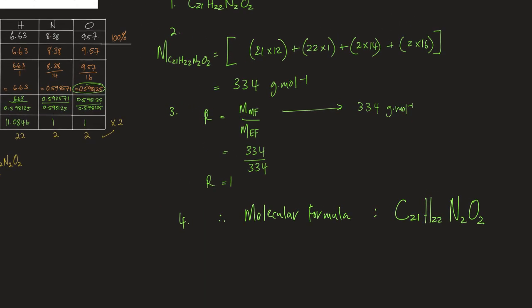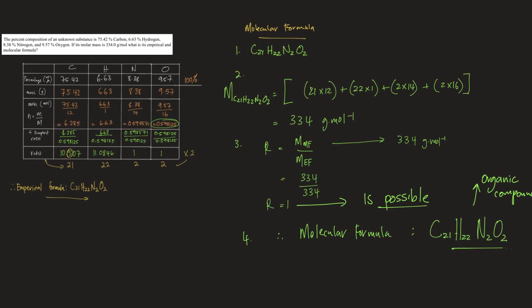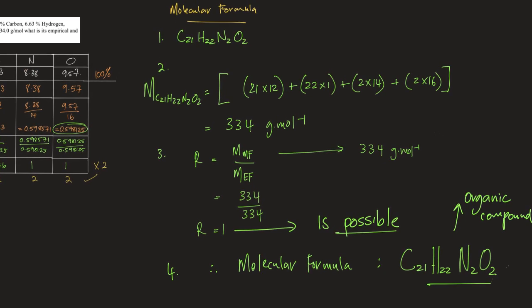What I want you to notice here is this is possible. Especially with these. This is an organic compound, which is a section you'll do at the end of this year. So sometimes this does happen, where your empirical formula and your molecular formula are exactly the same. So that's your last example.